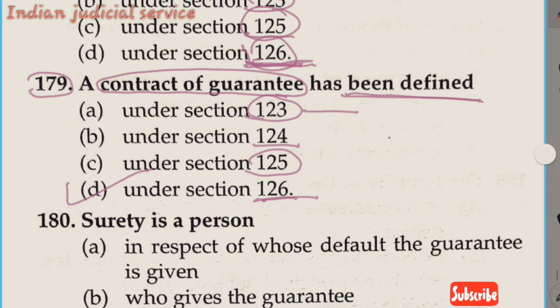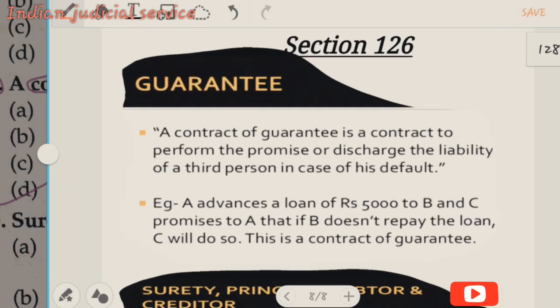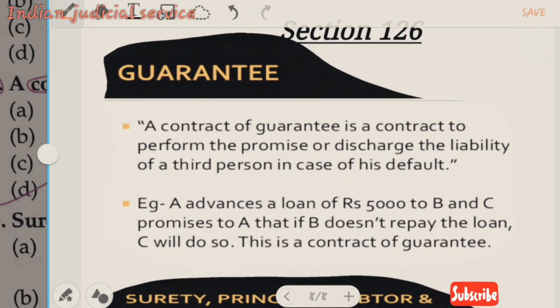So the answer is option B. Now we discuss what a contract of guarantee is. Section 126 deals with the contract of guarantee: a contract to perform the promise or discharge the liability of a third person in case of default.